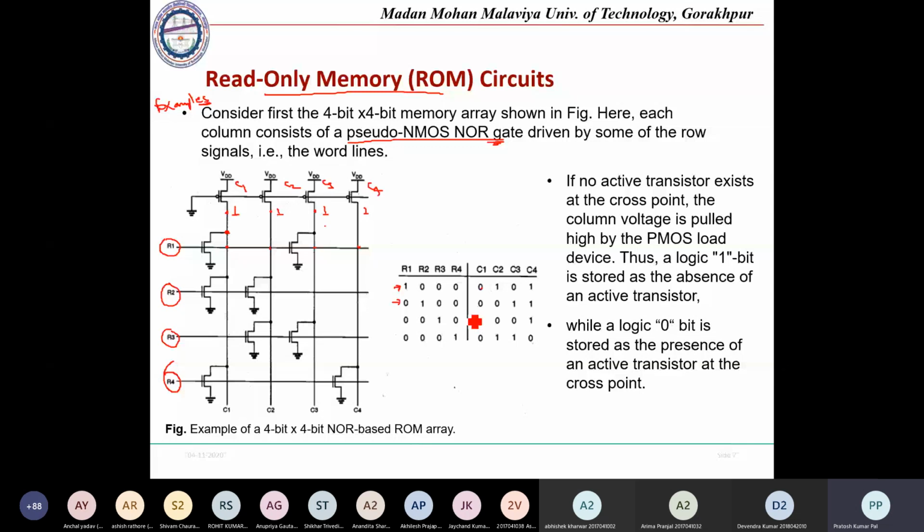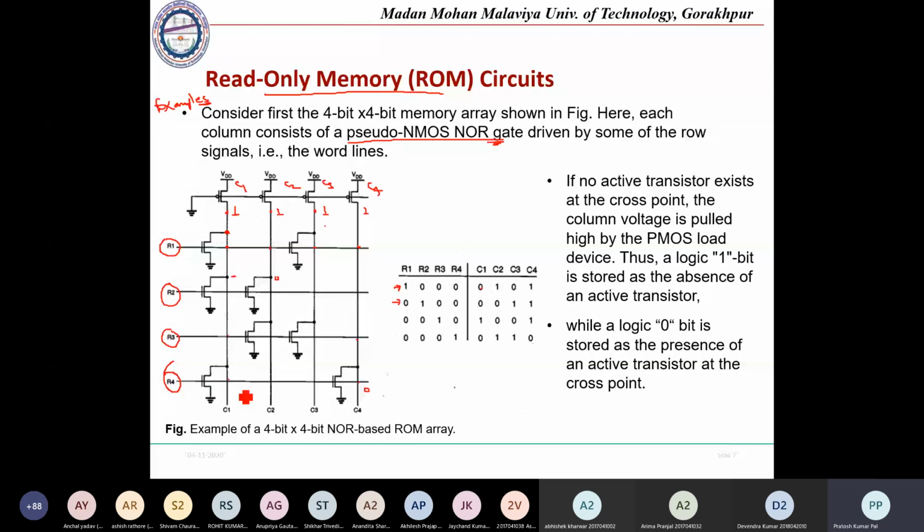Similarly, if R3 is on, then this NMOS transistor and this NMOS transistor will be turned on, making the C2 and C3 voltages equal to 0, 0. Similarly, in case R4 is on, this value and this value will be 0, and these others are 1 and 1.